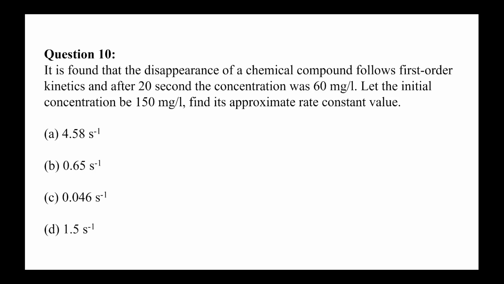Time is given, 20 seconds. Initial concentration is given, 150 mg per liter. Final concentration is given, 60 mg per liter. You have to solve for the rate constant, that is the value of K. So simply put all the values in the equation and solve for K. Options are A, 4.58 per second, option B, 0.65 per second, option C, 0.046 per second, and option D, 1.5 per second.